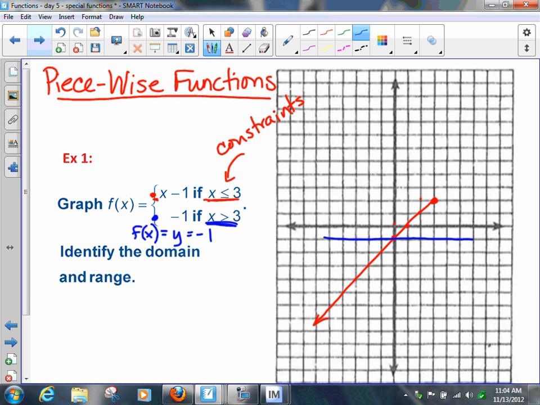I said it like 3 times too, didn't I? That's the letter x, and I'm not hooked on phonics today. Sorry. x is greater than 3. So where is my function going to start? At 3. All right, here we go. 1, 2, 3, which means it's going to get an open or a closed circle. Open circle. What's going to happen to all this blue line to the left?